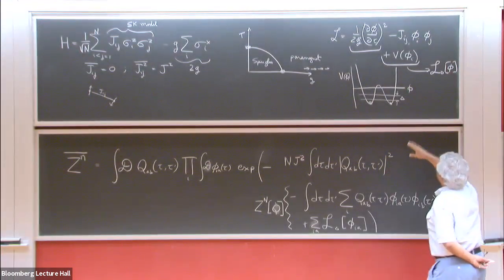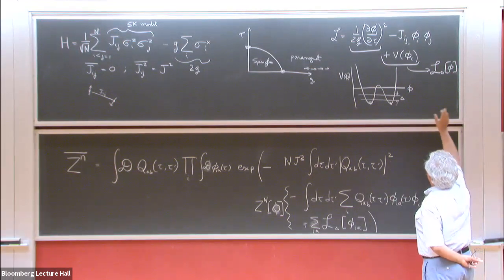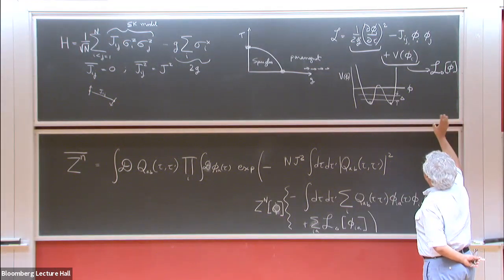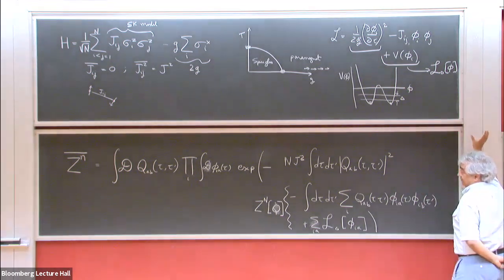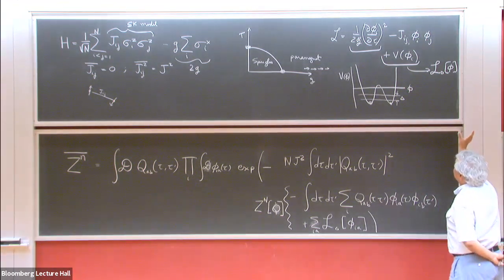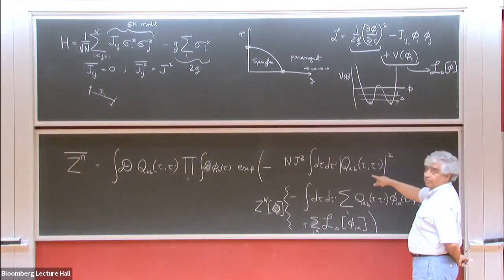I skipped that step. You just average over J_ij, and you get a product of four phi's. The most important point is that you get two phi's at one time and two phi's at a different time, with no connection between them. And so the decoupling field has to be bilocal in time.